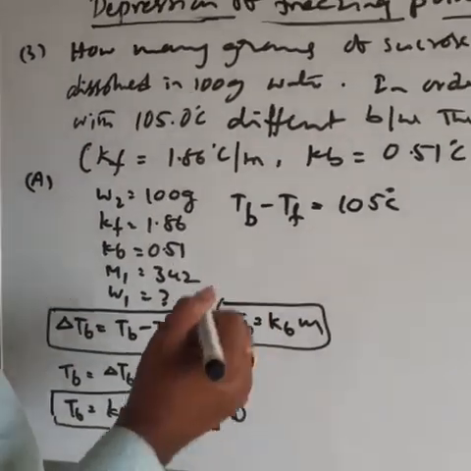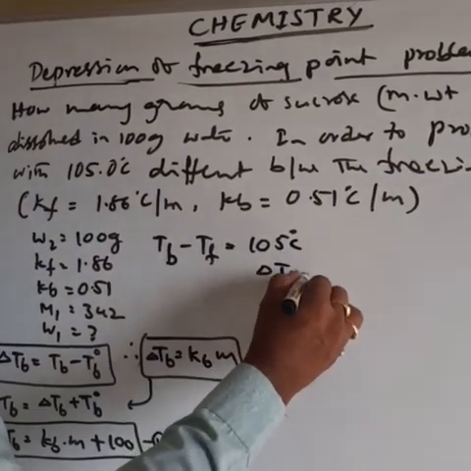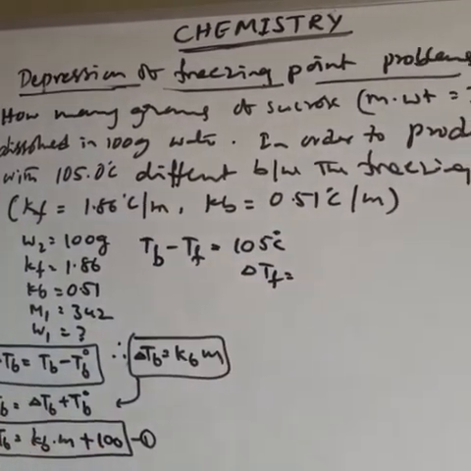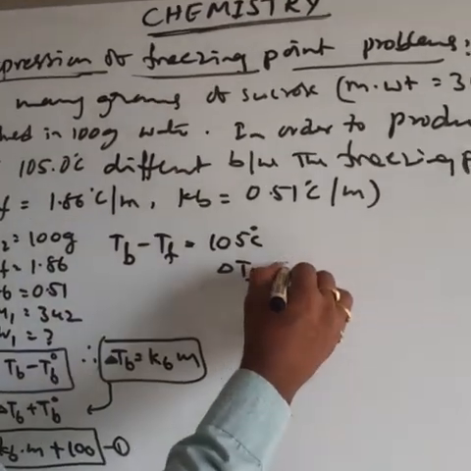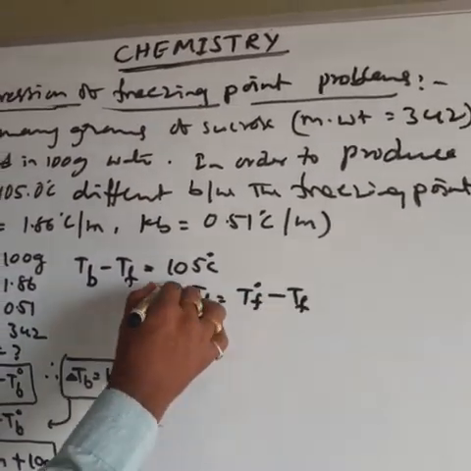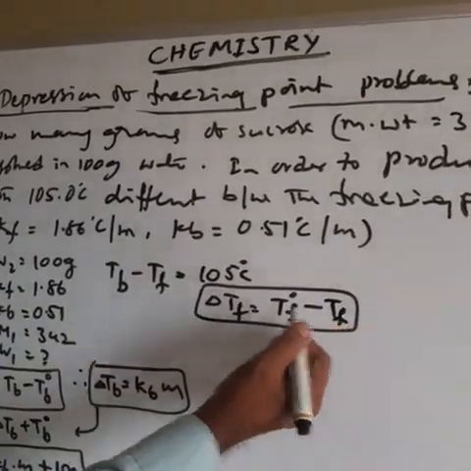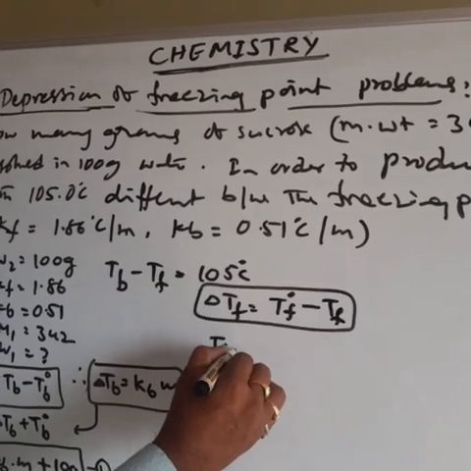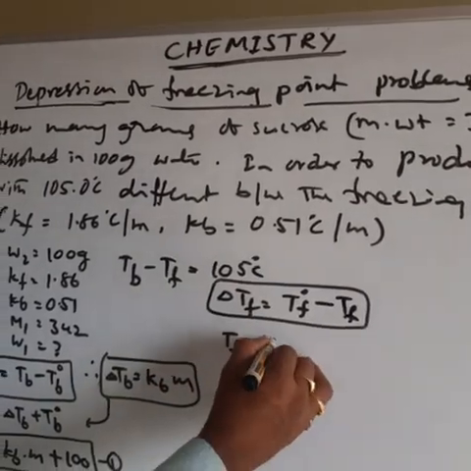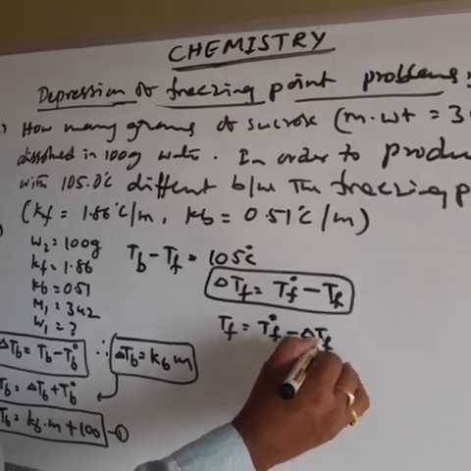Next, TF value we have to find out. Delta TF is equal to T naught F minus TF. This is second formula. From this one TF value we have to take. TF is equal to T naught F minus delta TF.